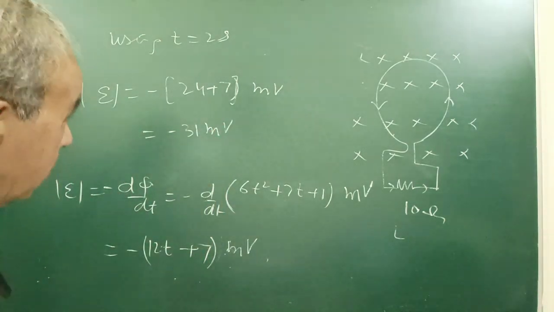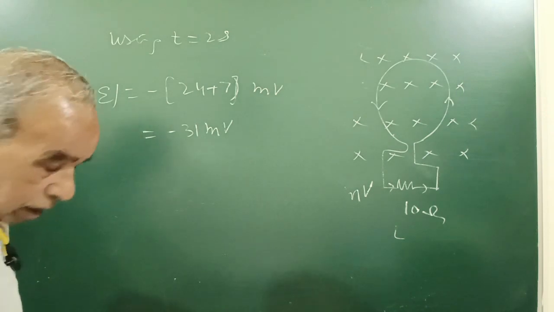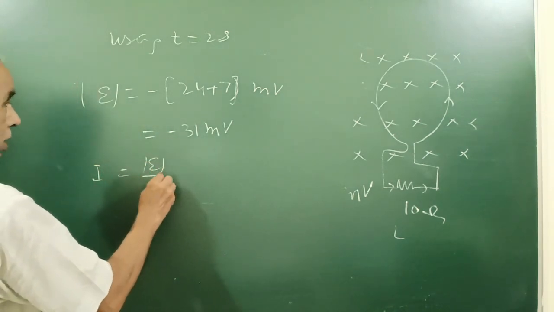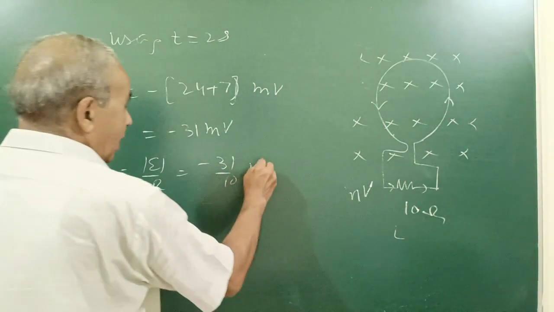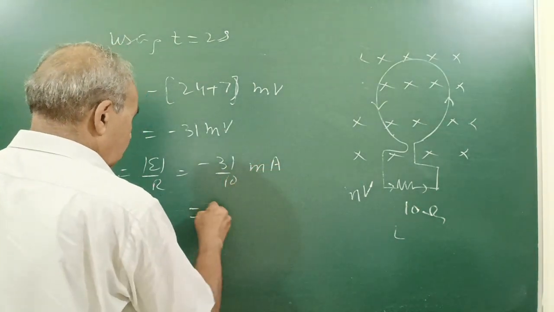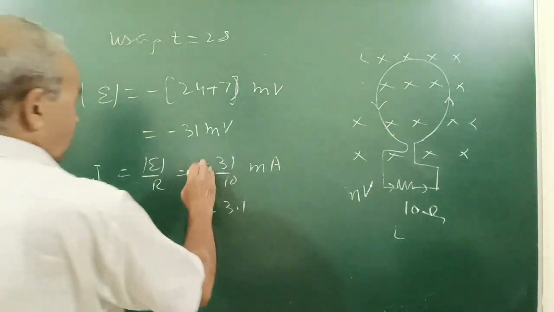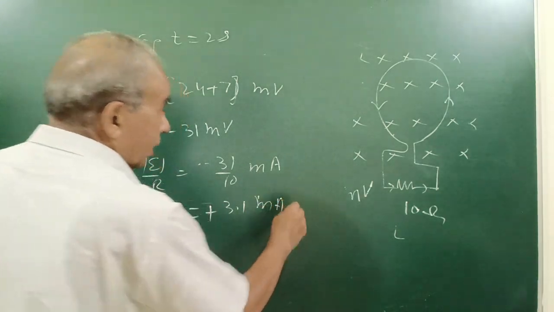And hence the magnitude of current I equals modulus E upon R, 31 upon 10 milliampere, that is 3.1. The magnitude is positive, in milliampere.